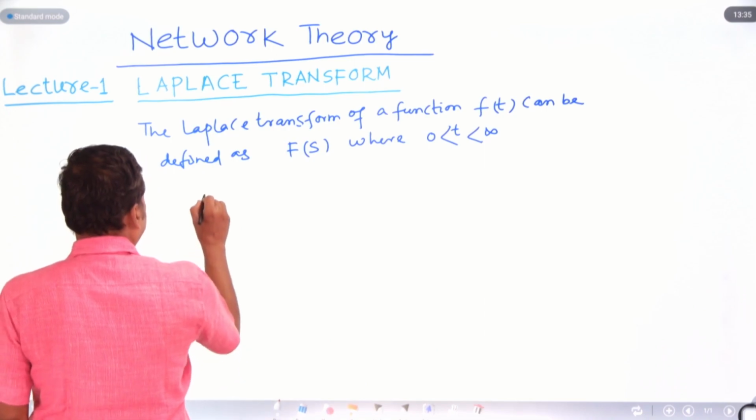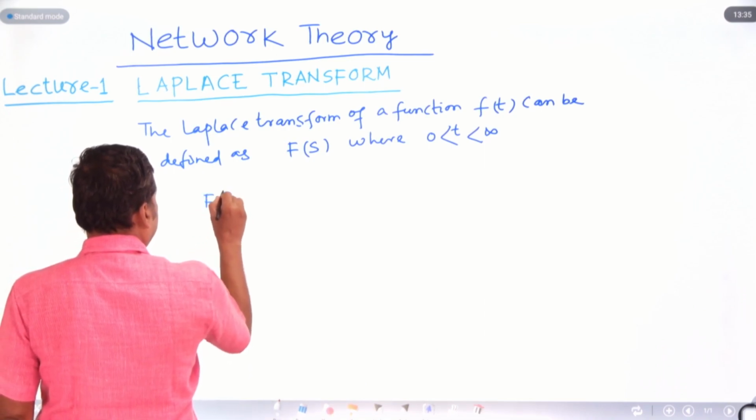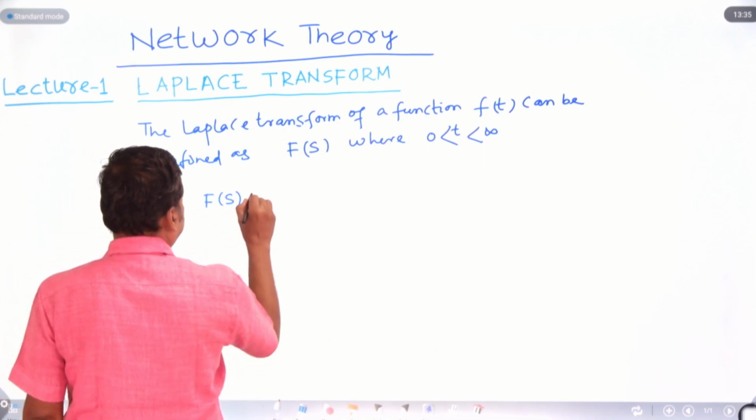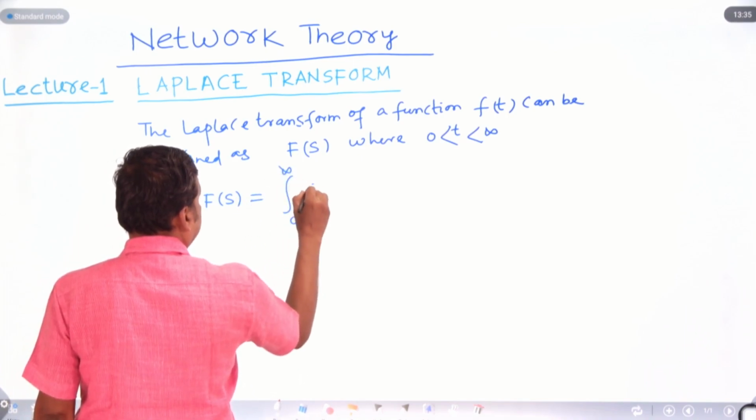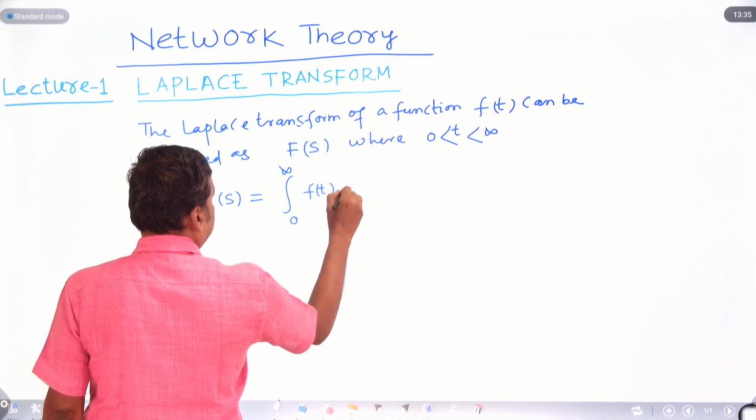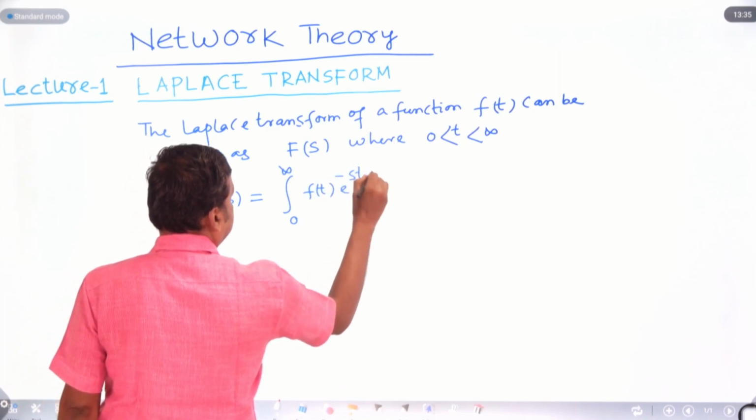So f of s, the Laplace transform of f of t, is equal to the integral from 0 to infinity of f of t into e to the power minus st dt.